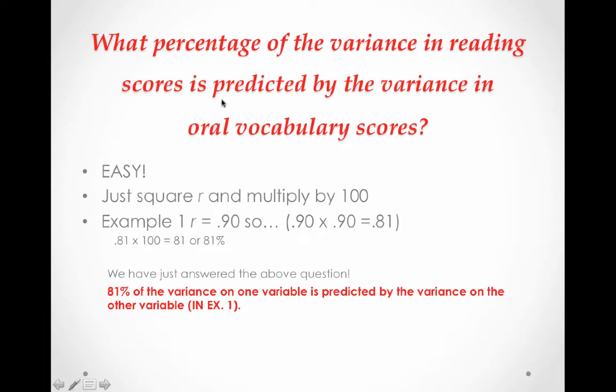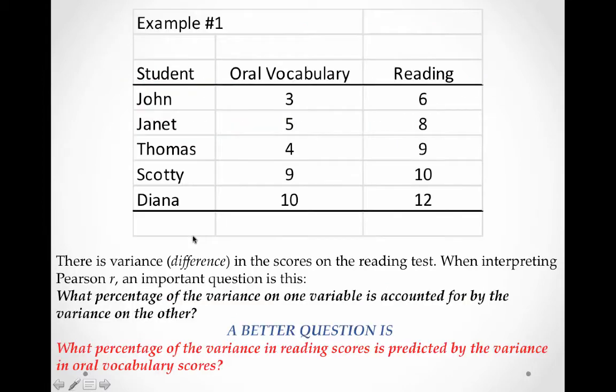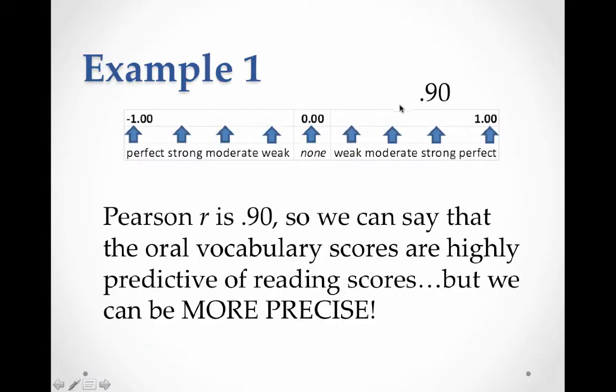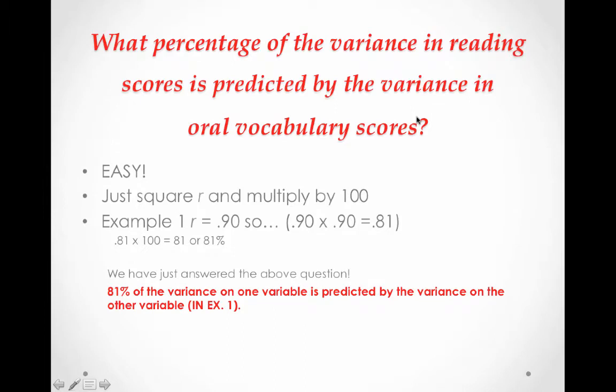So there's that question. It's easy. You're going to just square R and multiply by 100. So if your R, as we said two slides ago, was 0.9, not just making these numbers up, then 0.9 times 0.9 is 0.81. 0.81 times 100, because that's what it says right here, equals 81, which is 81%.